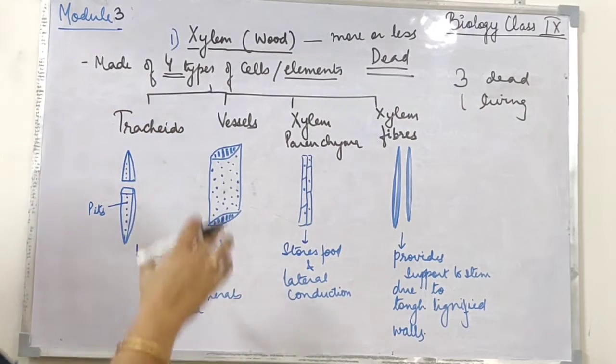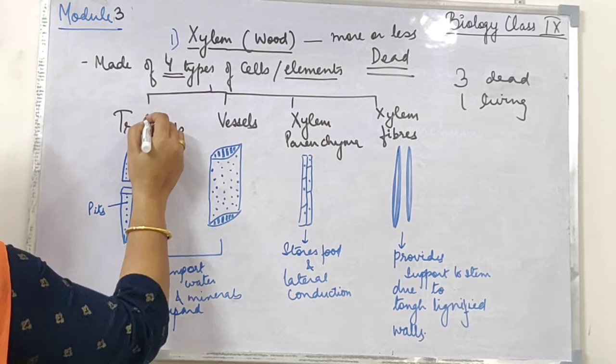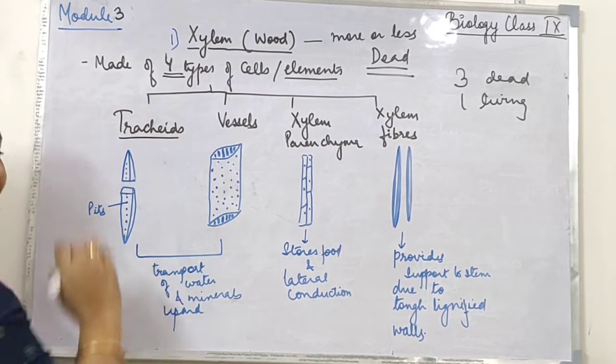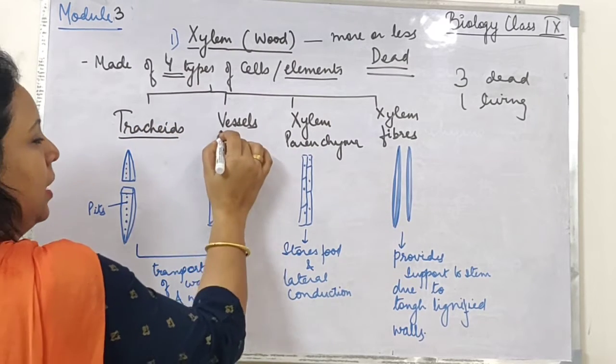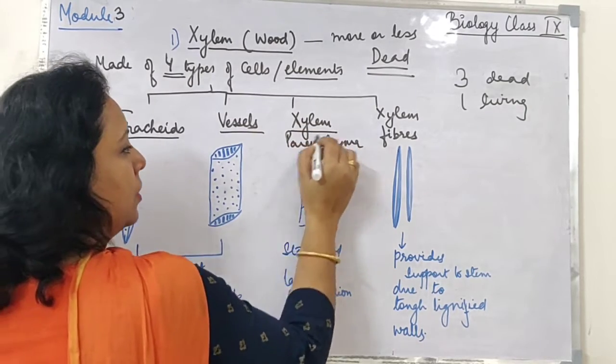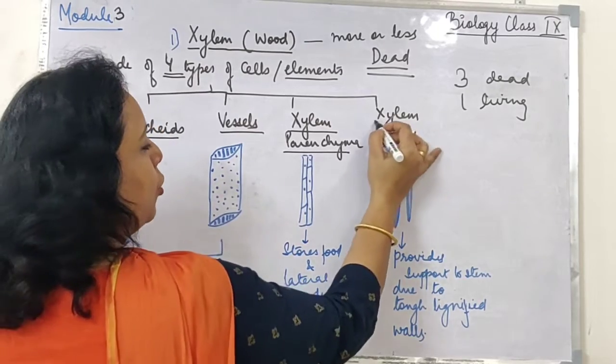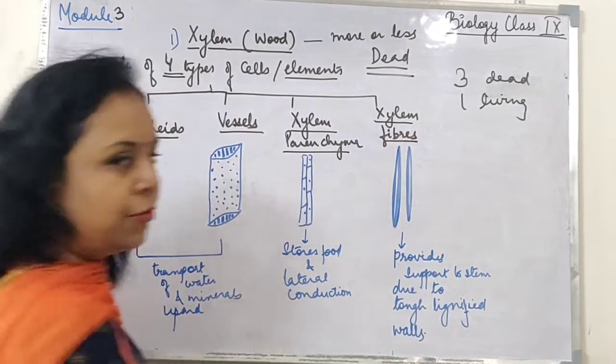So the 4 types of cells or the elements that the xylem is made up of are, the first one is tracheids, second is vessels, third is xylem parenchyma, fourth is xylem fibers.